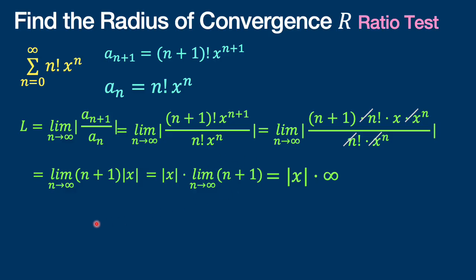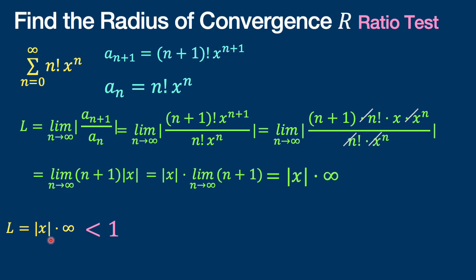That's the problem here, guys. We want to find which x value makes this converge. That's the L value, and it should be less than 1. Which x value makes this one less than 1? You have only one value.